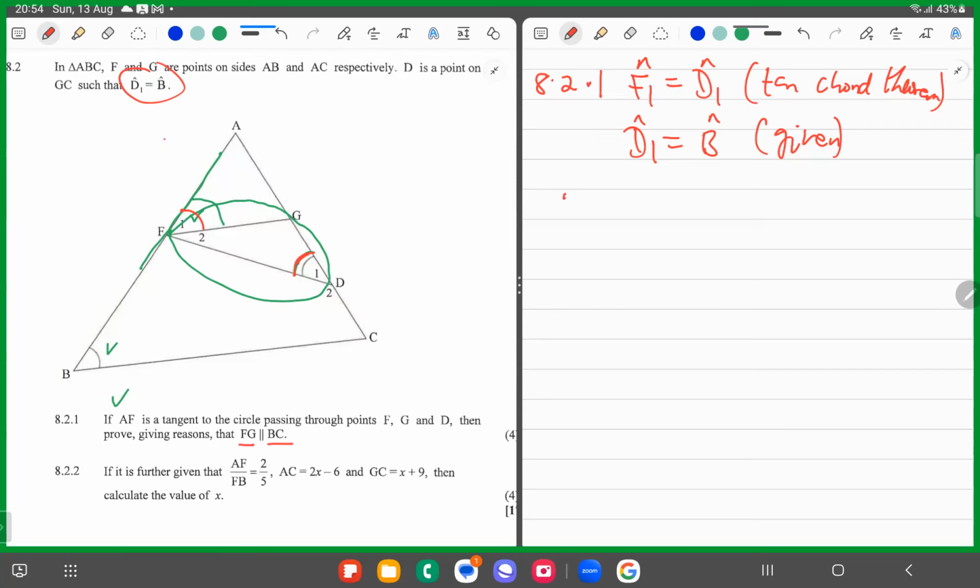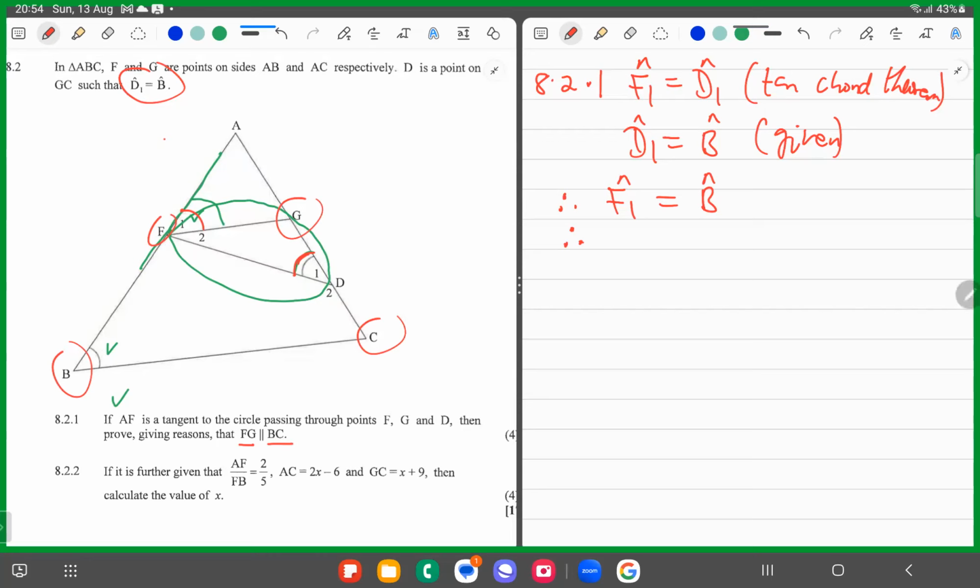Therefore, the conclusion is that angle F1 is equal to angle B. So now we have FG is parallel to BC.